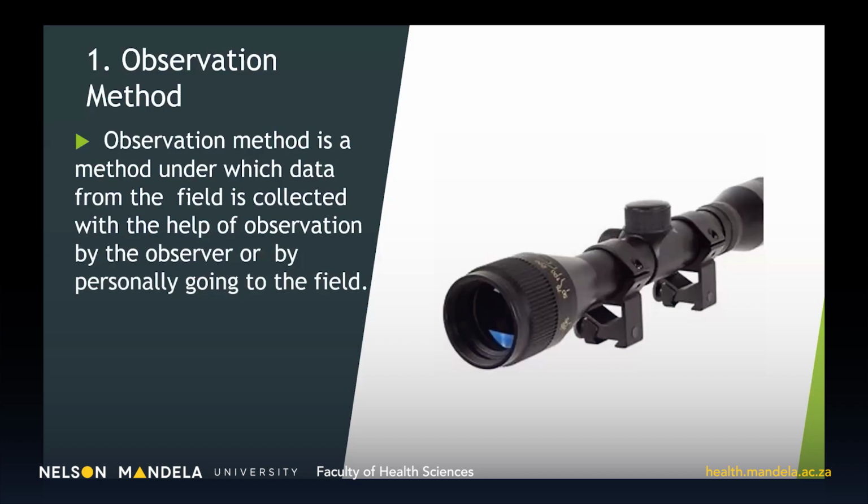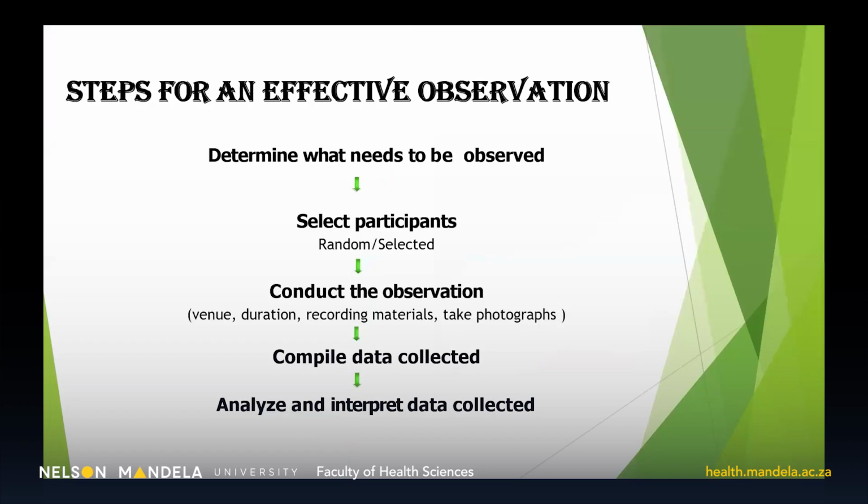Observation method is a method under which data from the field is collected with the help of observation by the observer or by personally going to the field. So you observe. I'm just going to run through this in the interest of time. The steps for effective observation: you determine what you need to observe. You select the participant.